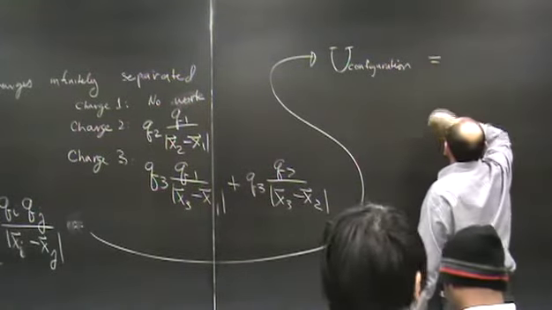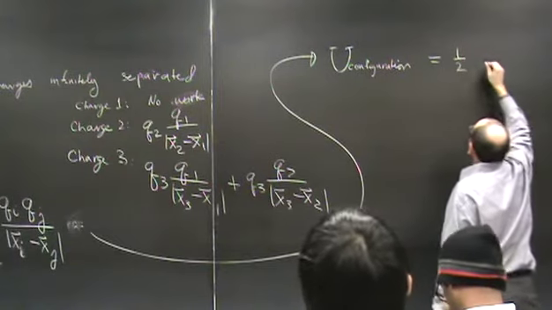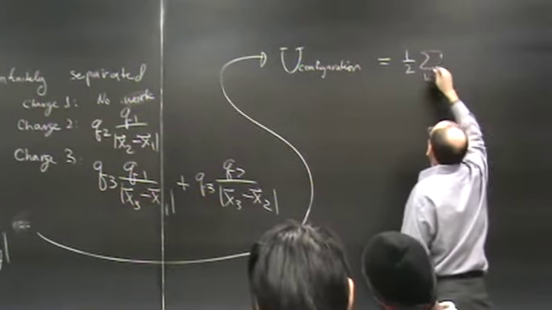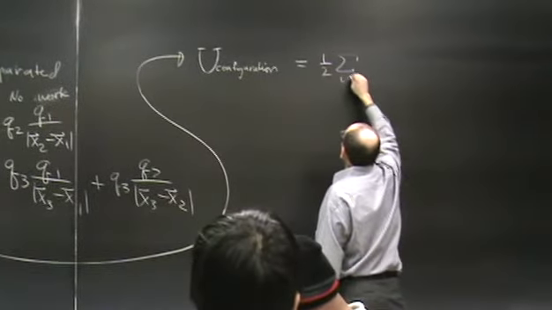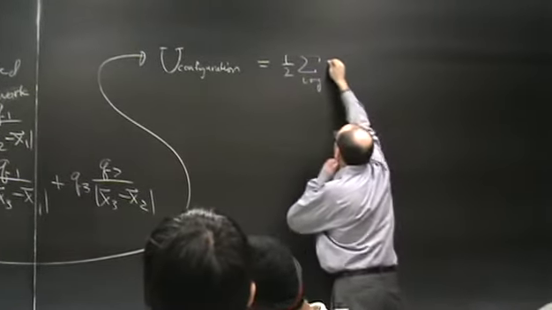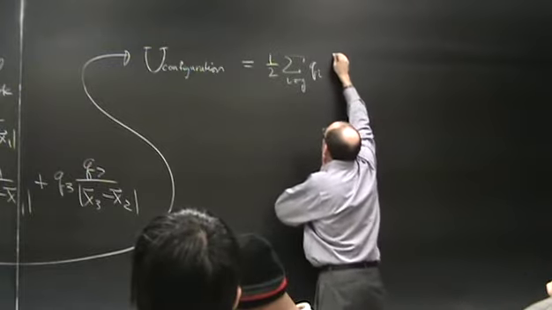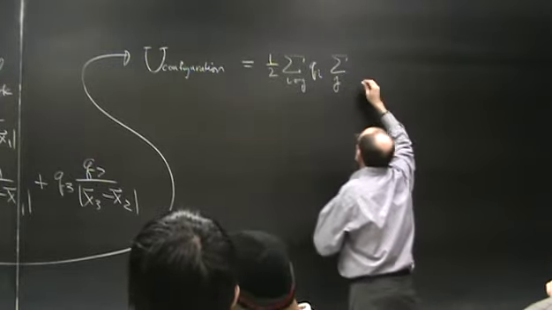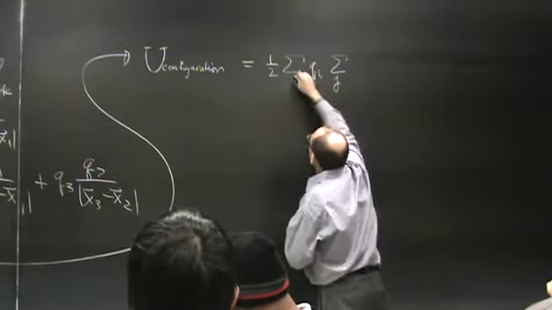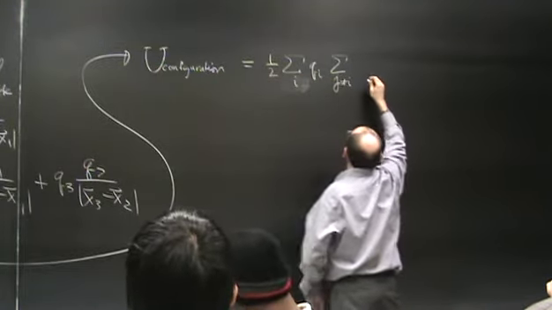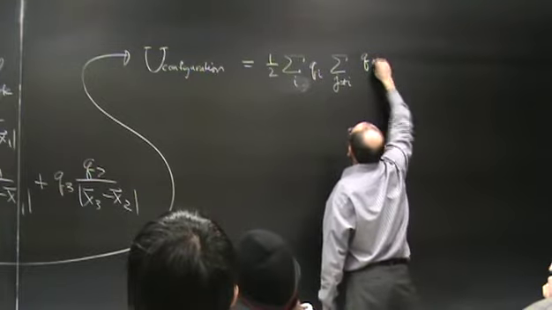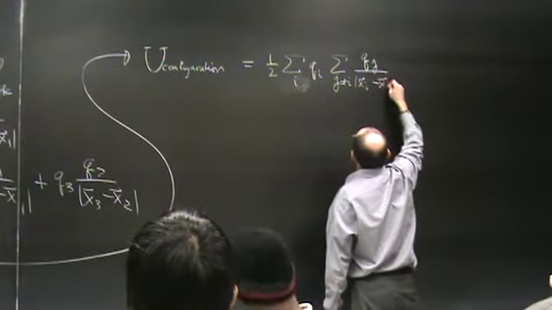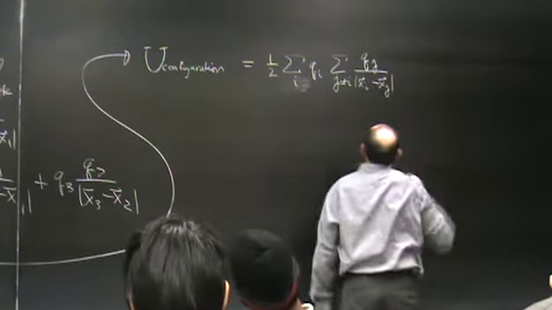This is equal to 1/2 the sum over i of Q_i times the sum over j not equal to i of Q_j over |x_i minus x_j|.